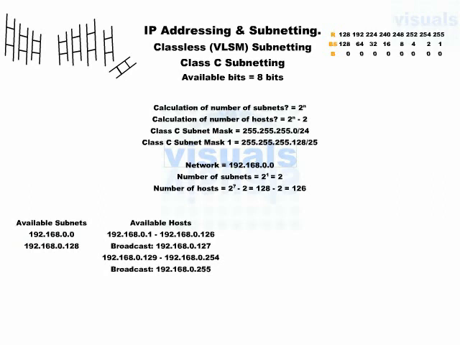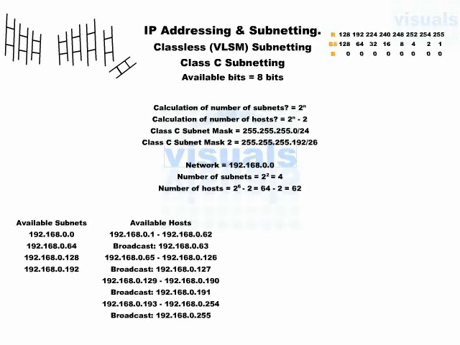Now let's move towards the next example for class C subnetting. Here it is. Now we have 8 available bits. For the calculation of the number of subnets, we'll use this formula: 2 raised to the power of the number of bits we give for subnets. For the calculation of the number of hosts, we'll use this formula.